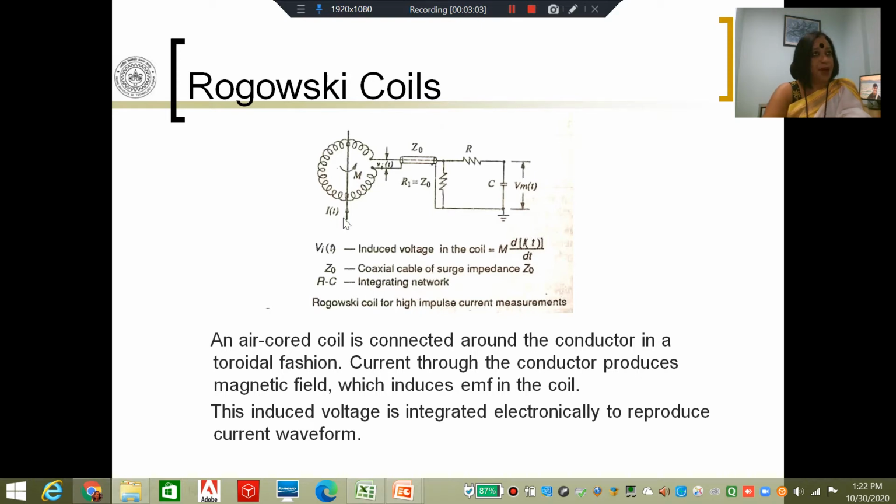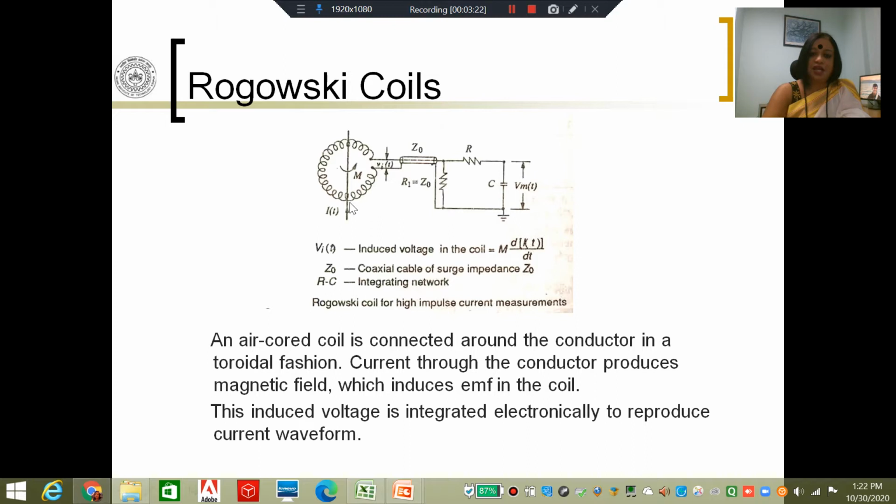Now, when a PD pulse happens, this is an external current carrying conductor in the external circuit, there will be a simultaneous PD pulse in this current carrying conductor also. Now, the Rogowski coil is an air-cored coil which is connected around the conductor in a toroidal fashion.